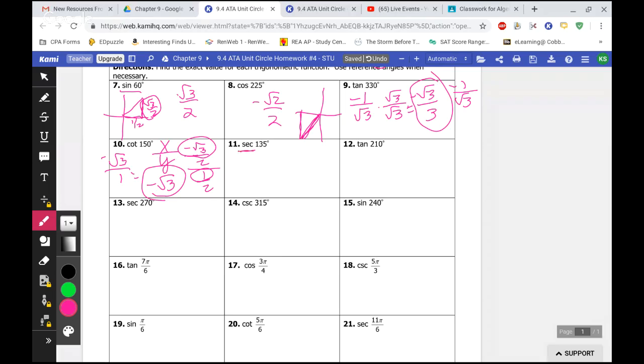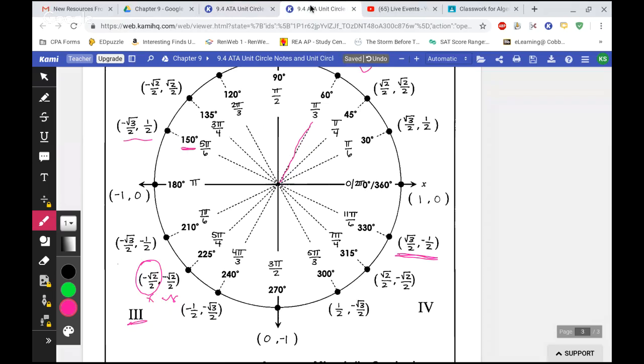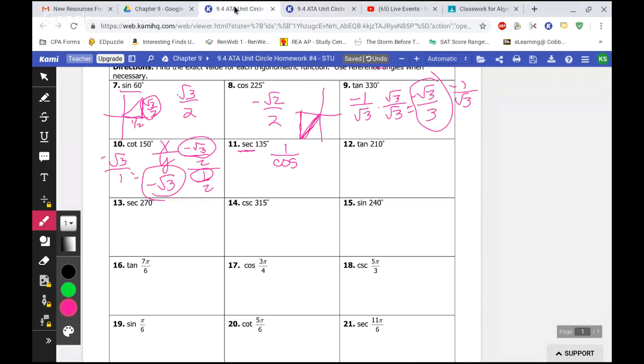Okay, secant. Secant is 1 over cosine because it's the reciprocal of cosine. So if I go to my unit circle and look for 135, cosine is the x variable. So I have 1 over negative root 2 over 2.